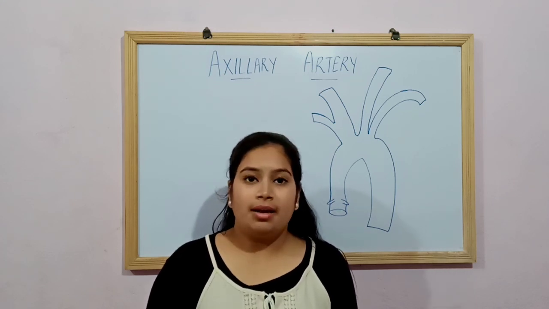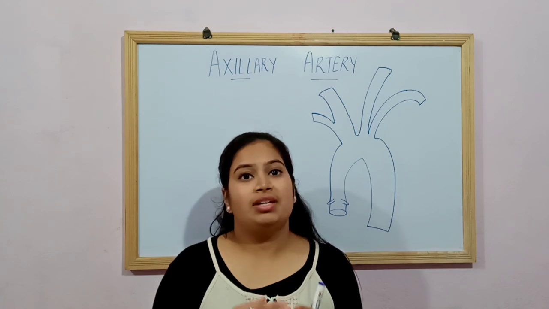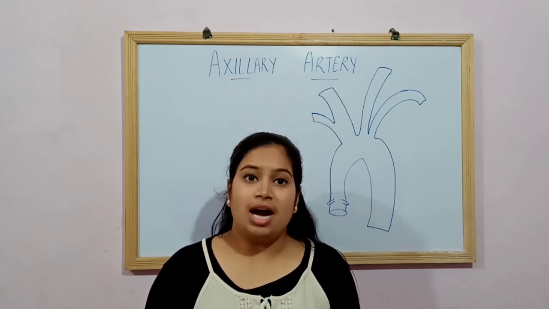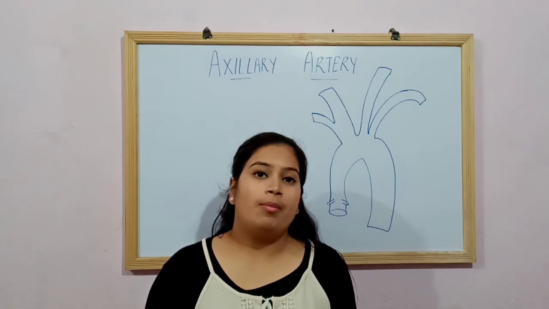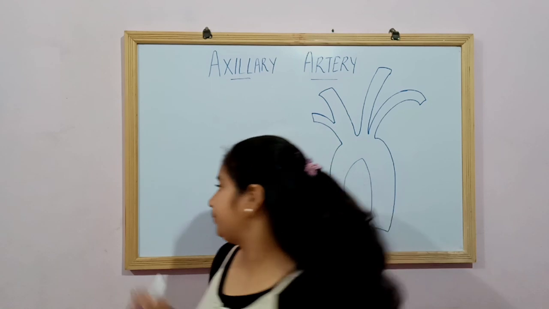So the axillary artery is a continuation of the subclavian artery. It starts from the lateral border of the first rib and extends to the lower border of the teres minor muscle.